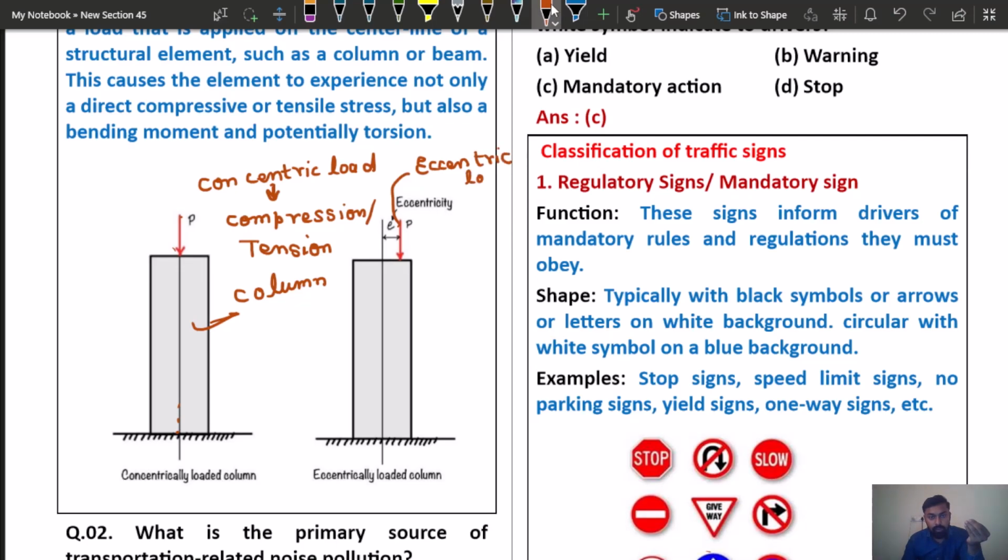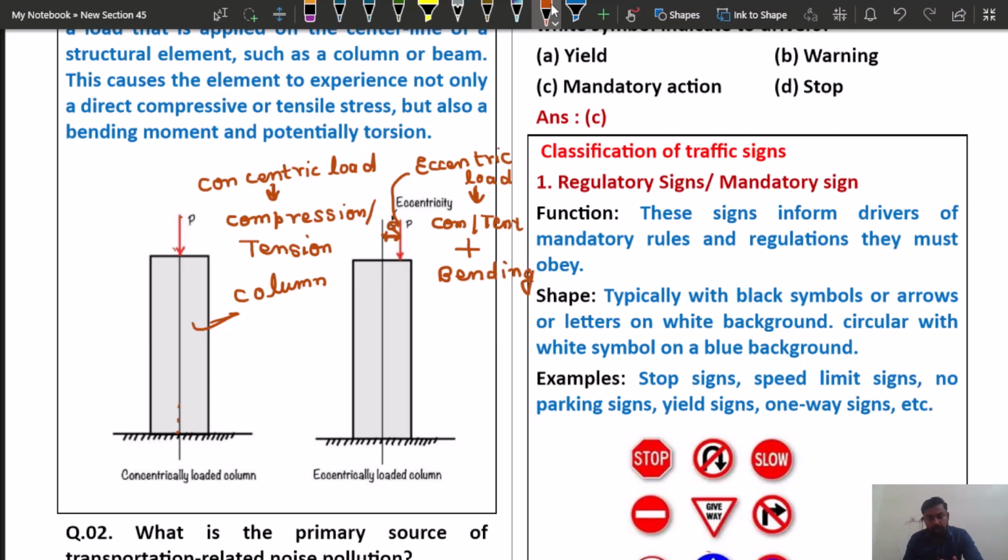This eccentric load is far away from the center, and this distance is E, which we call eccentricity, and this eccentric load will produce compression or tension with bending also.